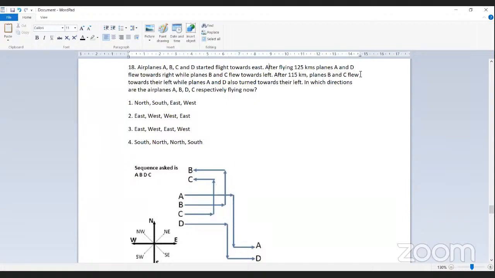After 115 kilometers, B and C flew towards their left, meaning towards west, and A and D flew towards their left, which would be the opposite of yours. In which direction are the airplanes A, B, D, C flying right now, respectively? A is towards east, B is towards west, D is towards east, C is towards west. Option 3. Okay. Understood?